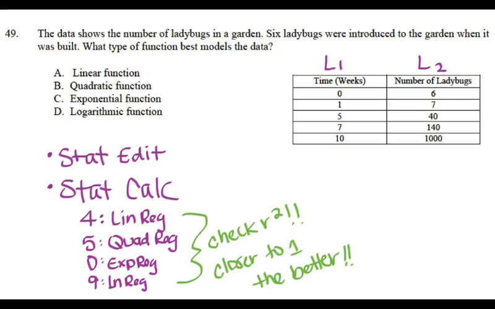So when I do the linear regression, I'm going to go to number 4 and then hit Enter. You have all of these options. Just scroll all the way down and hit Calculate. Oh, I forgot to tell you something very, very important. When I did that and hit Calculate, I did not see anything with an R-squared. So probably the most important step with all of this is to make sure Stat Diagnostics is on.